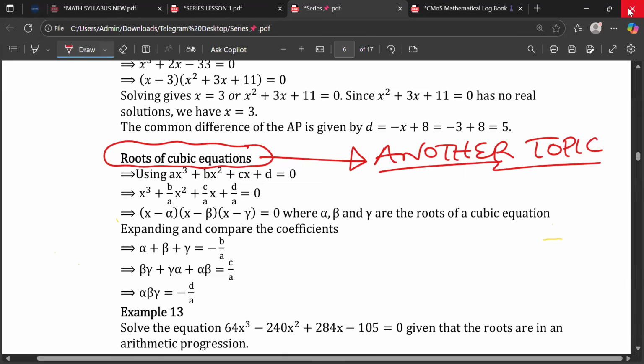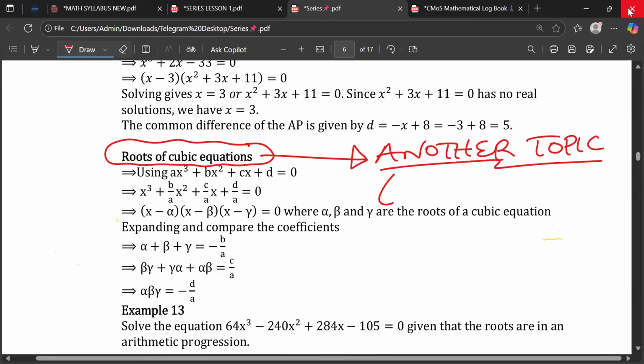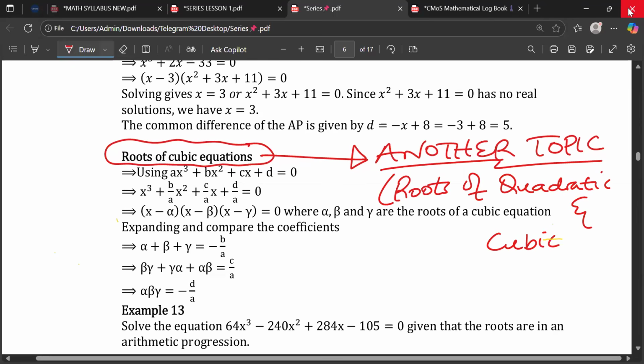Of course, the topic is called roots of quadratic and cubic equations. But if there are those people who attended my lesson on polynomials, you can read something from here and get, trust me.